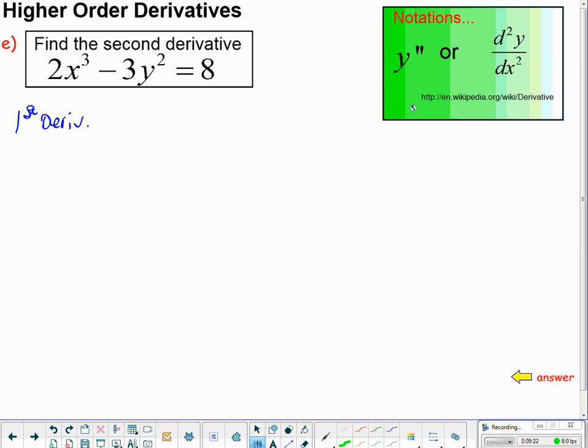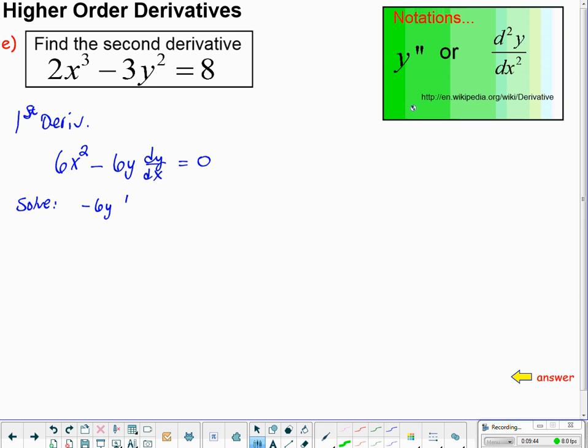All right, so first derivative, I would have 6x squared minus 6y dy/dx, correct, equals 0. We want to solve for dy/dx. So that means I need to get the terms separated.